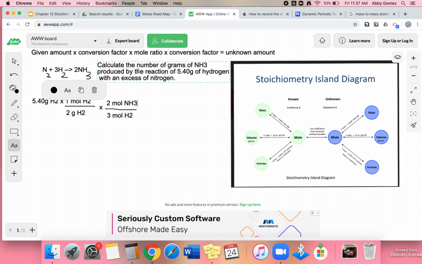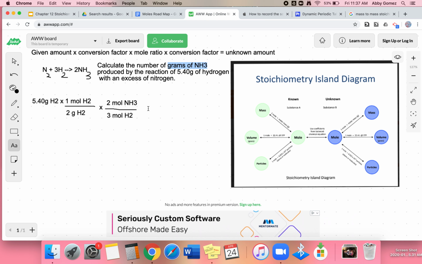Okay, now we've got our mole ratio, so we just went from substance A to substance B. Now we just need to get substance B converted to mass because the problem asked us for grams of ammonia. If the problem just asked us for moles of ammonia, we could be done.